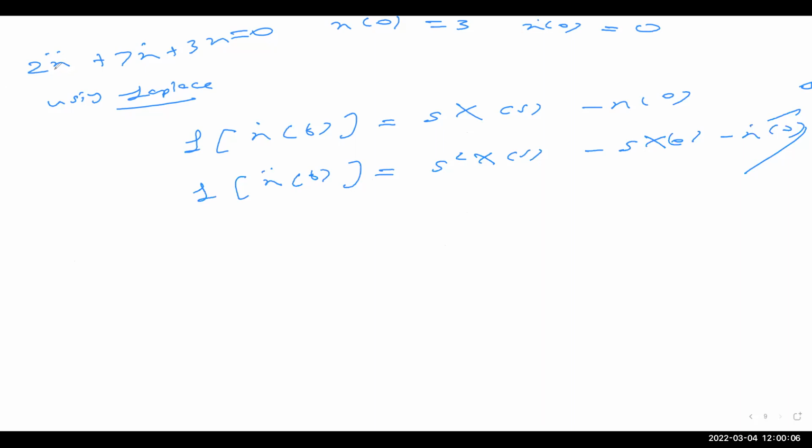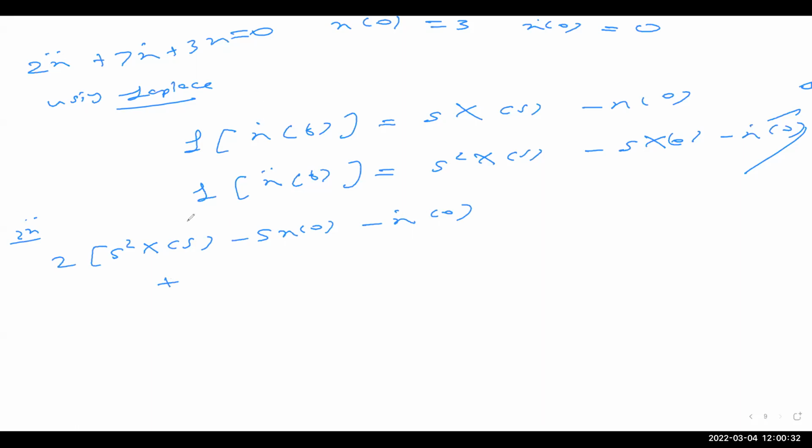So we'll first write this 2x double dot. 2x double dot, we can write as 2 s squared X(s) minus s x naught minus x dot naught. I'll write it line after another, so that it's much easier for us to check our values, right?